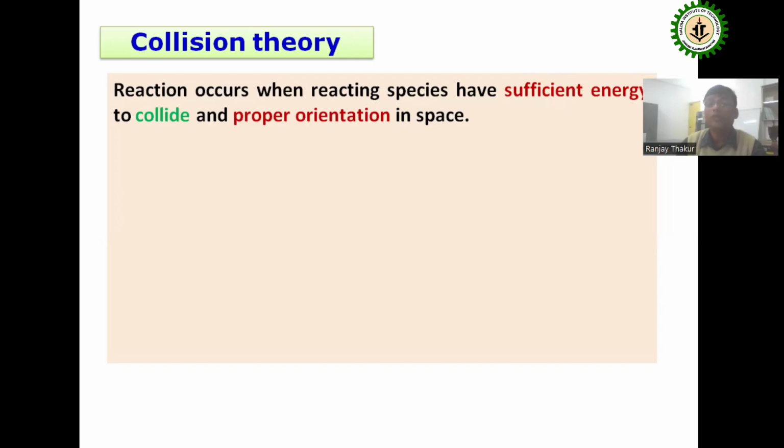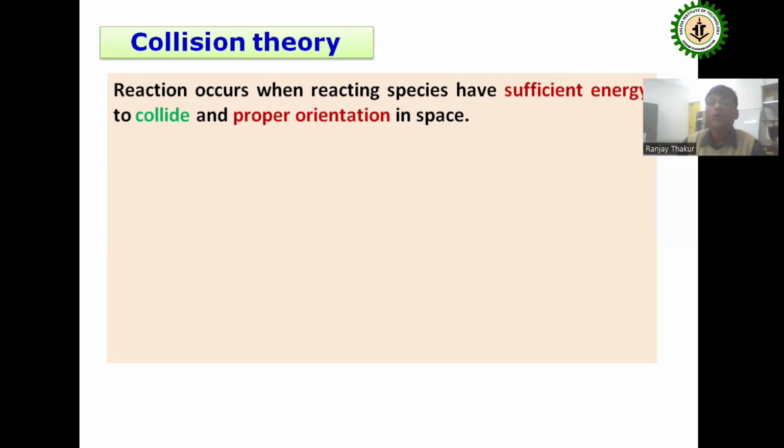Now, if you try to activate it, we have to increase its internal energy. How can we increase it? By supplying sufficient energy from outside. Once the internal energy reaches a certain level, then it becomes activated and participates in the reaction.